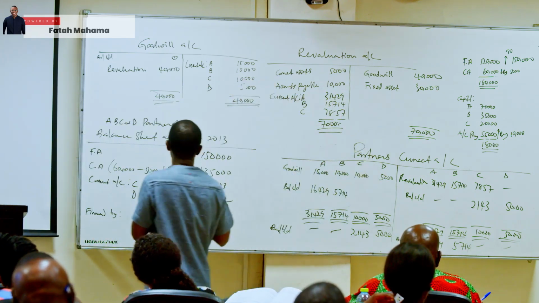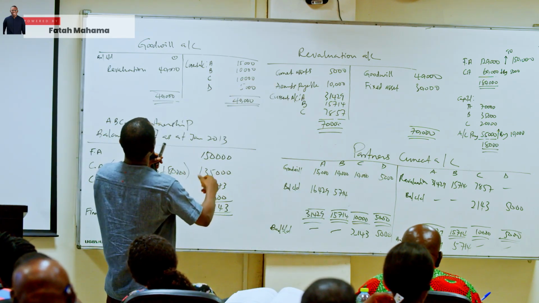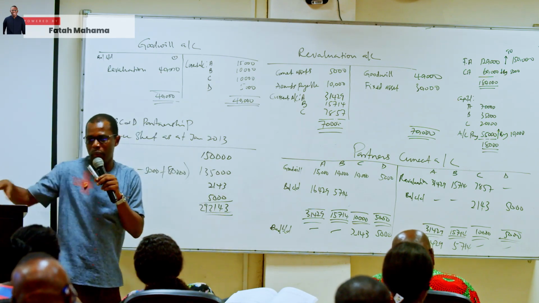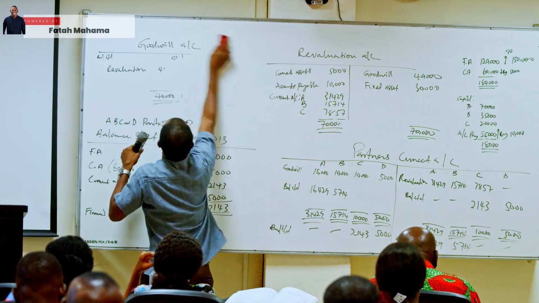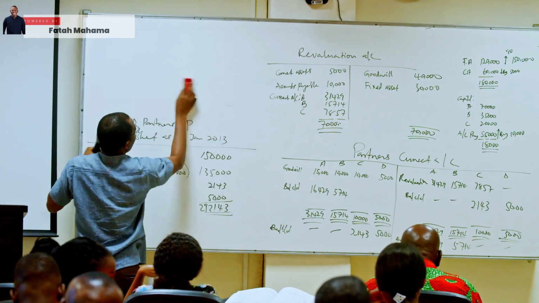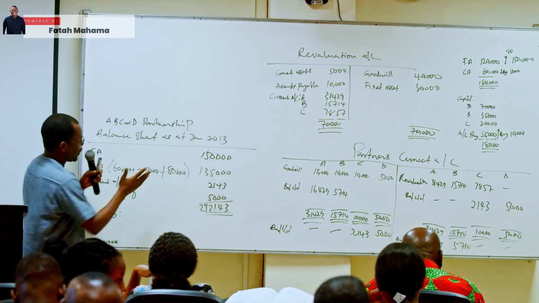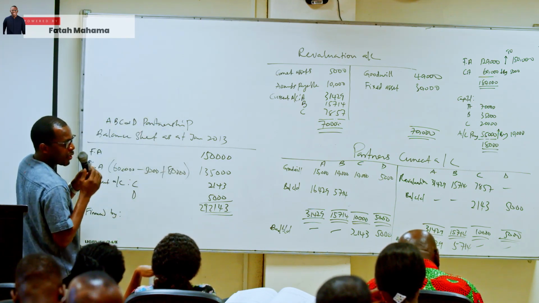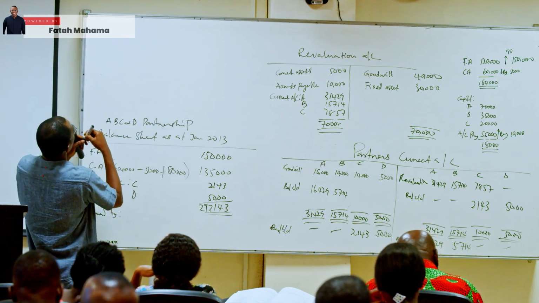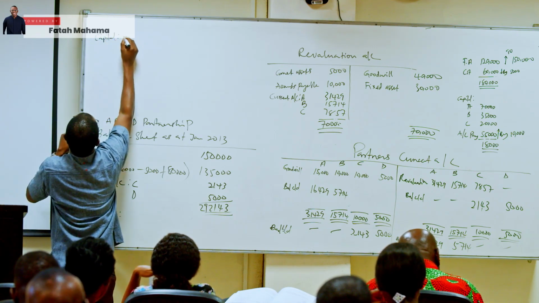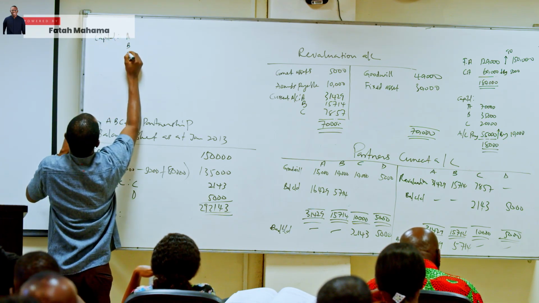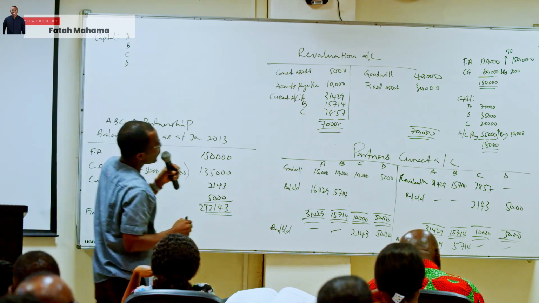Now financed by, I'm copying the same format, as the examiner. Can I clean the top? I can clean this one, right? So let's assume that I have shifted this up. So I'm continuing. Financed by, it's going to be financed by what? Capital, right? I'm using the examiner's form. A, B, C, and D. What is A's capital?